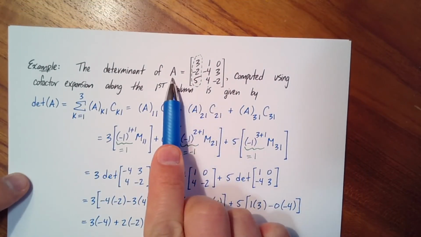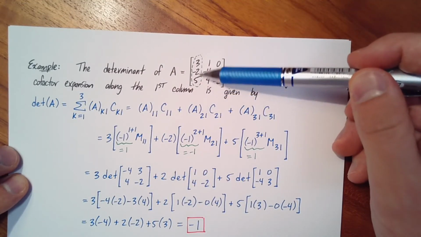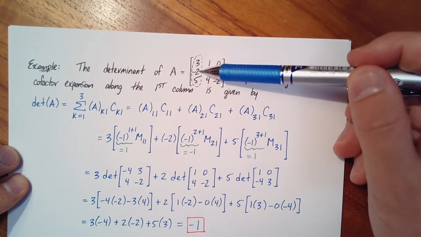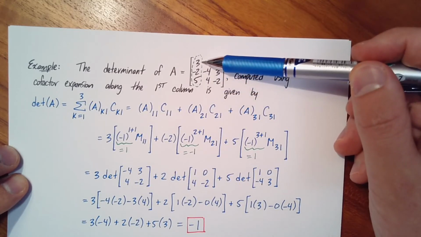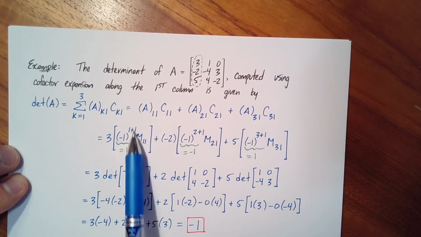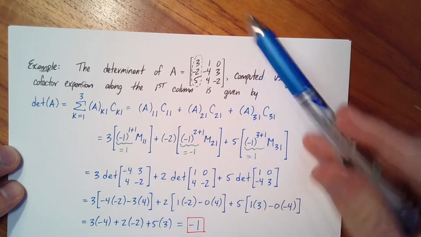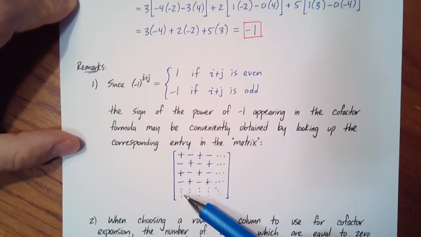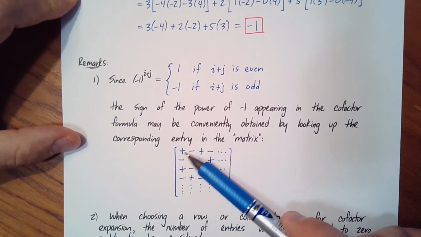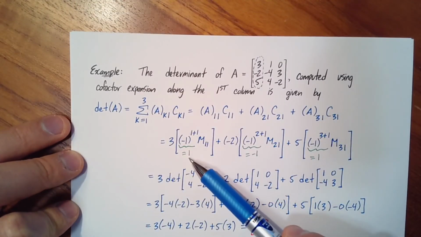Consider this matrix A. When we did cofactor expansion along the first column, each one of the terms corresponded to one of these entries. So look at the term that corresponded to the entry 3. That was over here. Well, the power of -1 ended up being +1. Think about that 3 and how it relates to this matrix here. It would be occupying this position, which is a positive position, and that's why this power of -1 ended up being positive.